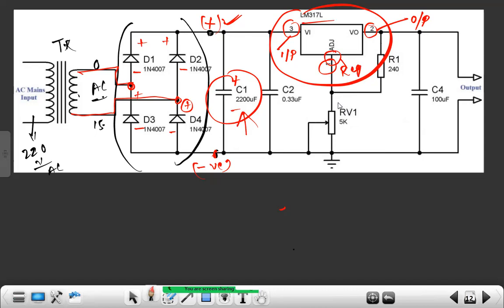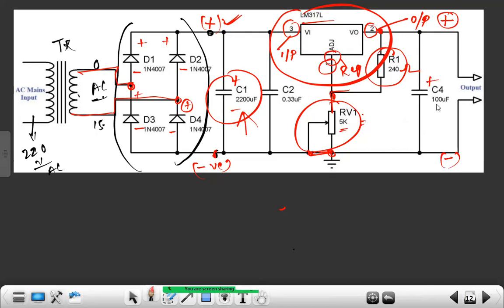Here we apply a variable resistance of 5K, connected on one side and the other side to pin number 1. A resistance of 240 ohms is applied along with the output and fed to pin number 1.